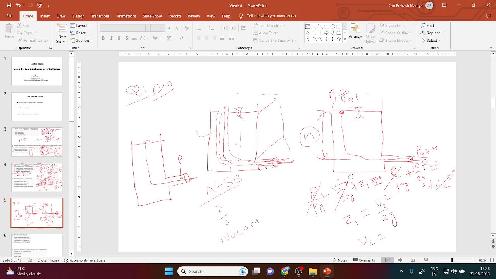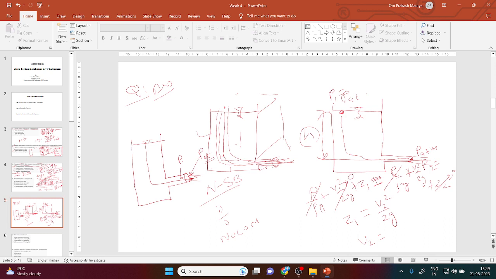But at the outlet of the pipe, the atmospheric pressure is applicable on whatever water is flowing. So pressure is equal to the atmospheric pressure. But just inside, just before the mouth of the pipe, your pressure will be different as compared to the atmospheric.